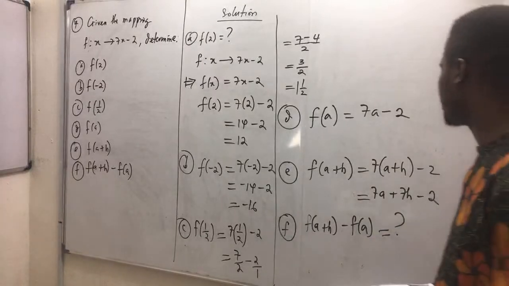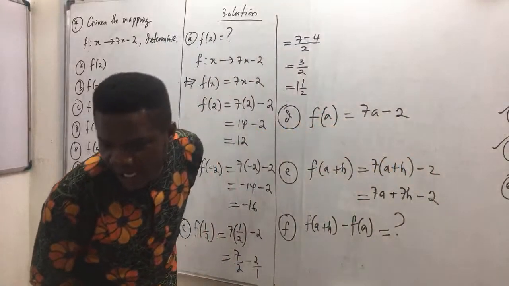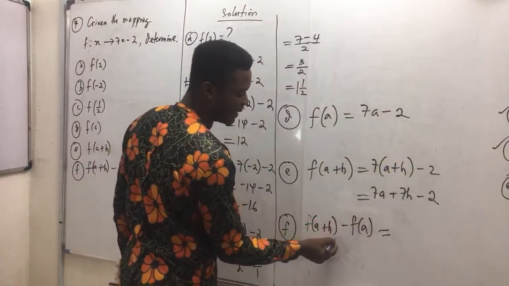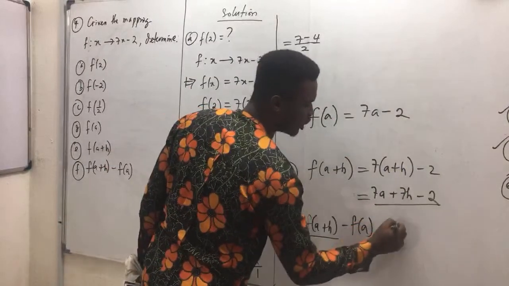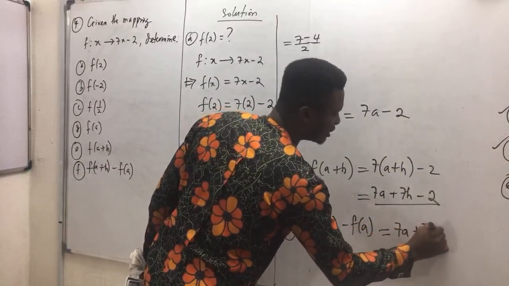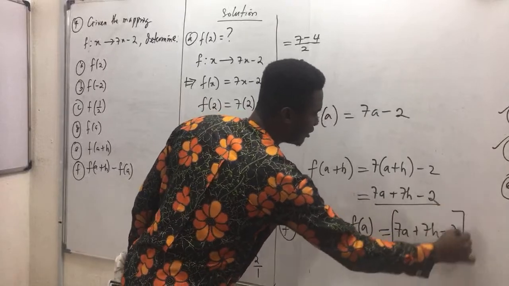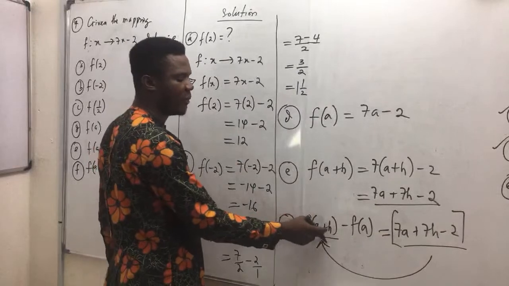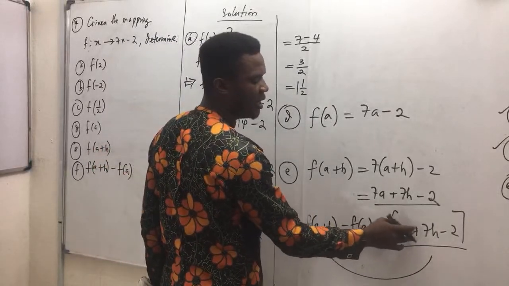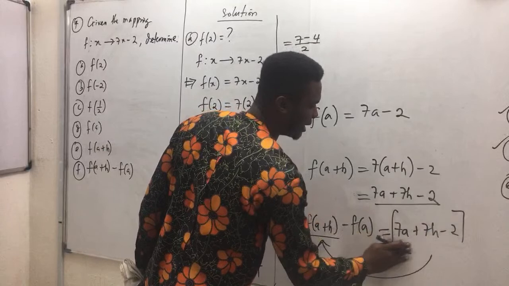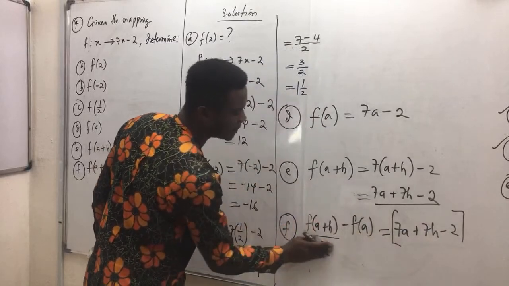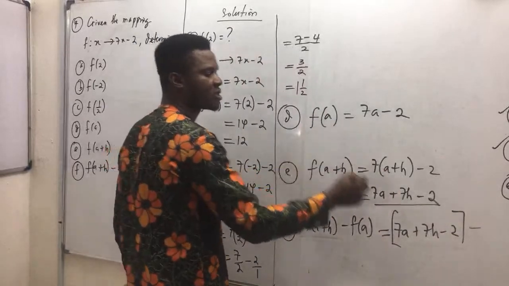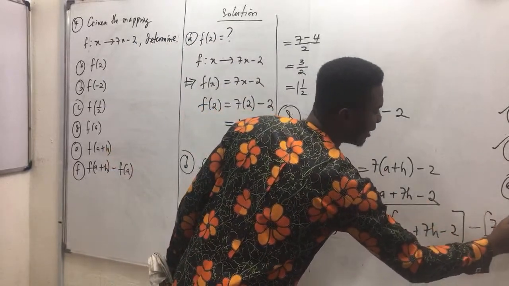So this is what I'm going to do. Now that you know this, you bring 7a plus 7h minus 2, which is your f of a plus h, and you then bring what you got as f of a, in bracket 7a minus 2.